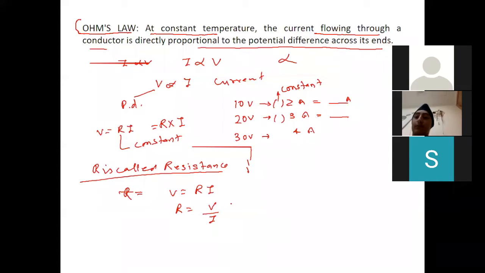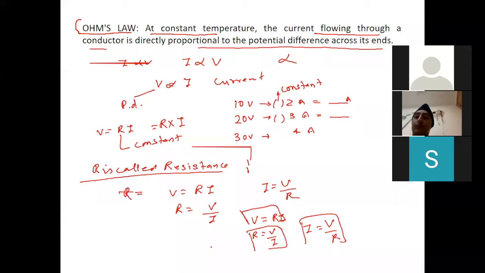Clear this one? And similarly, you can calculate I equal to V by R. So remember all these formulas: V equal to RI, R equal to V by I, and I equal to V by R. In other words, I is directly proportional to V and I is inversely proportional to the resistance.